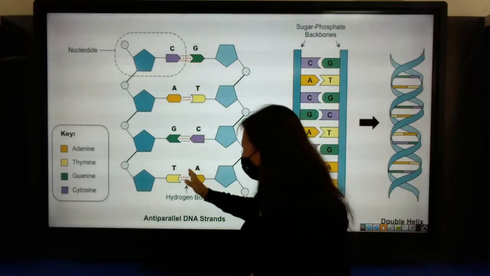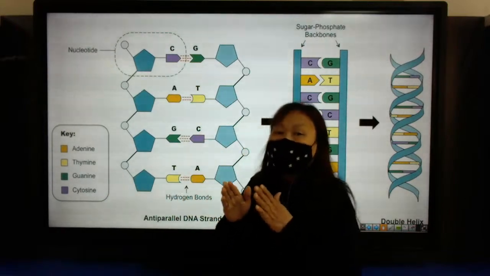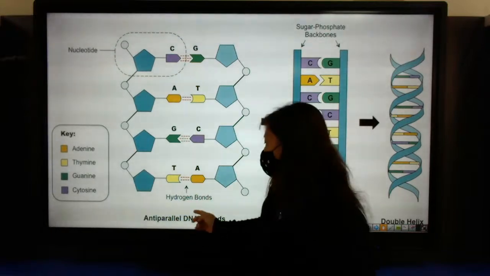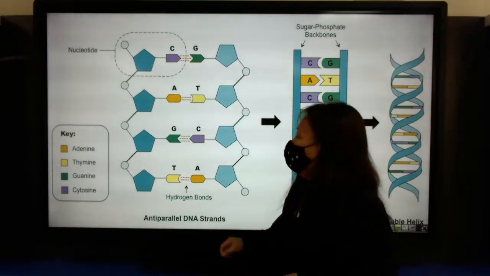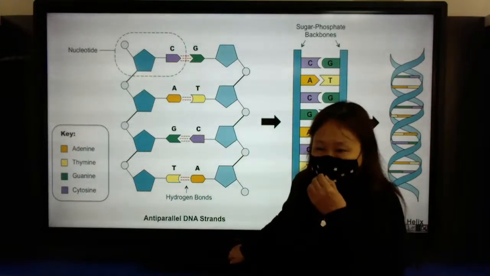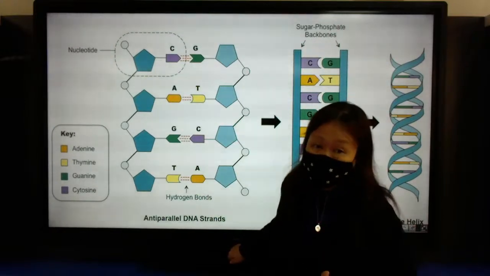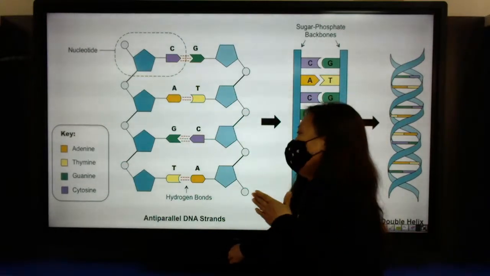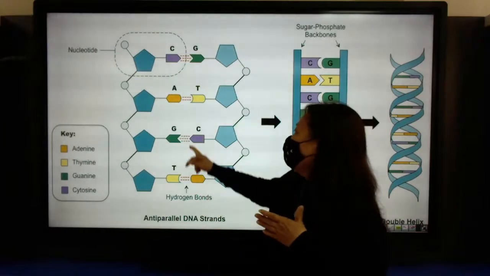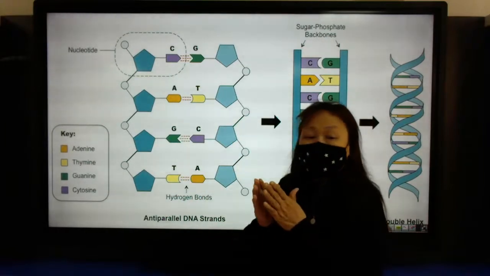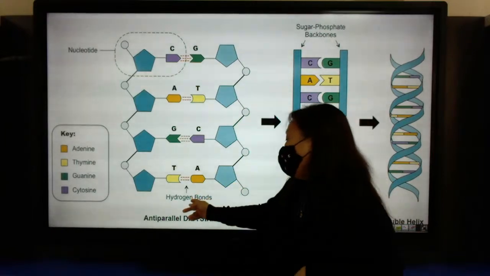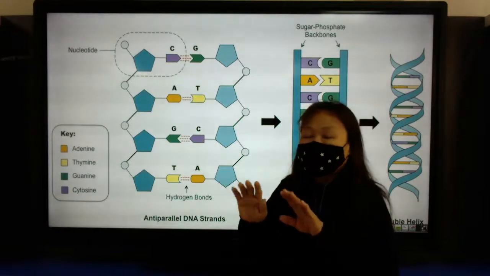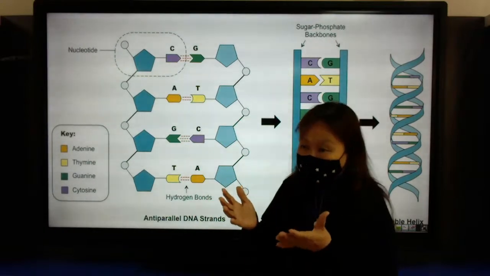Now, these 2 strands are connected to each other by what we call hydrogen bonds. Okay? Now, why does it have to be hydrogen bonds? Because hydrogen bonds are weak. Now, during meiosis, when the cells divide, this DNA molecule will split. If the bond is strong, this molecule will not be able to split into 2.